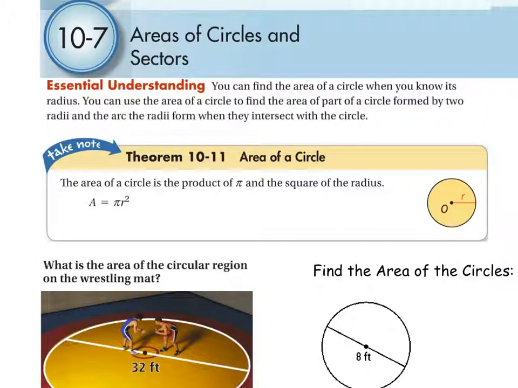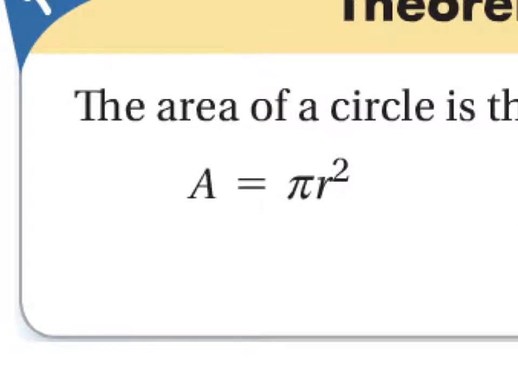A couple of things we need to talk about with that. Area equals pi r squared means something very specific. It means I want to take pi times the radius times the radius. That's what pi r squared means.